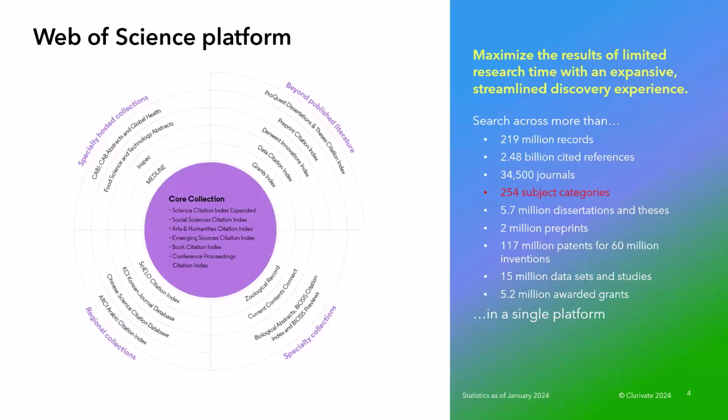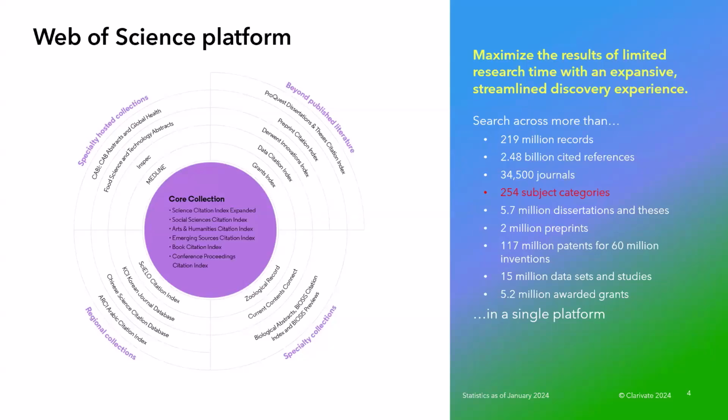We have dissertations and theses, preprints, data, awarded grants, and patents. I'll be touching more on how we should scale up our searching and include all of these diverse outputs to get a better, more rounded flavor of our research topic.